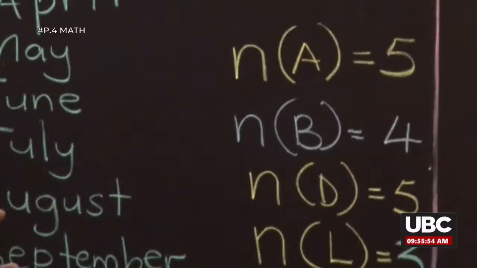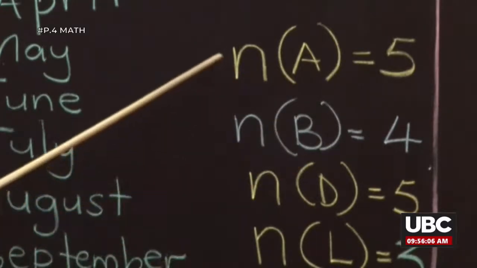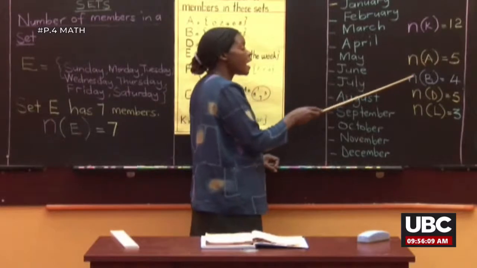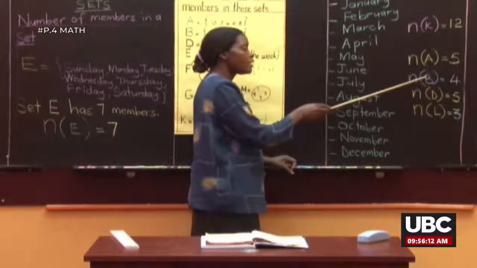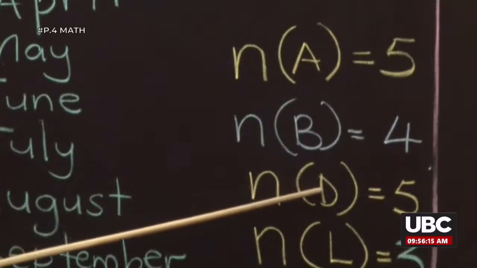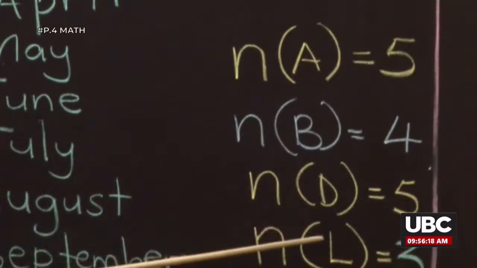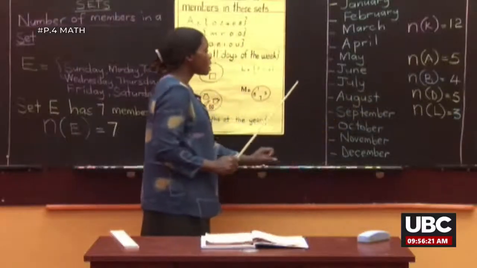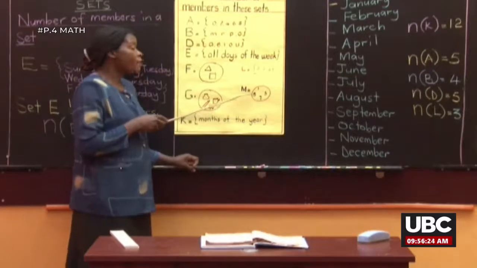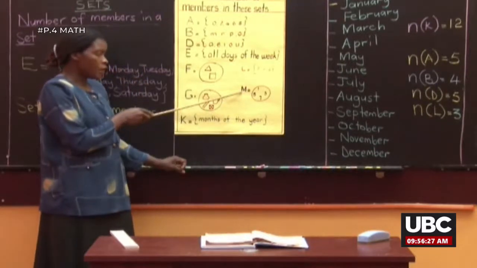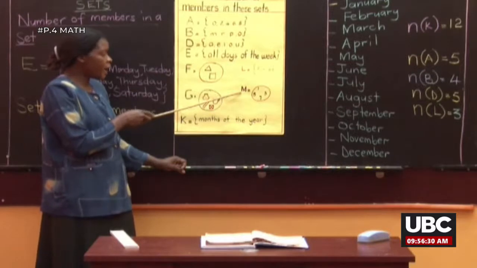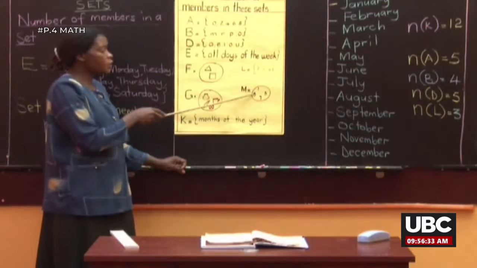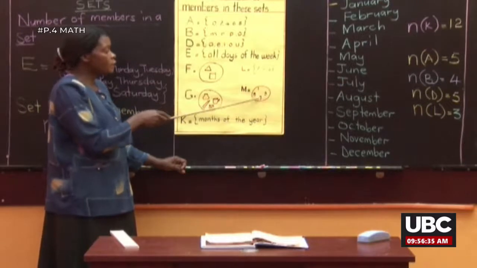Remember, N is standing for number of members, and the letter is standing for the name of the set. We have had number of members in set A, number of members in set B, number of members in set D. But coming back to our chart, we have this other set M. How many members does it have? It has 1, 2, 3, and 4.